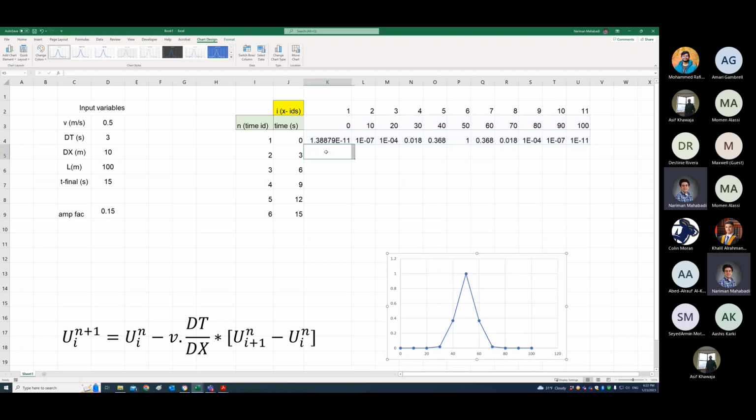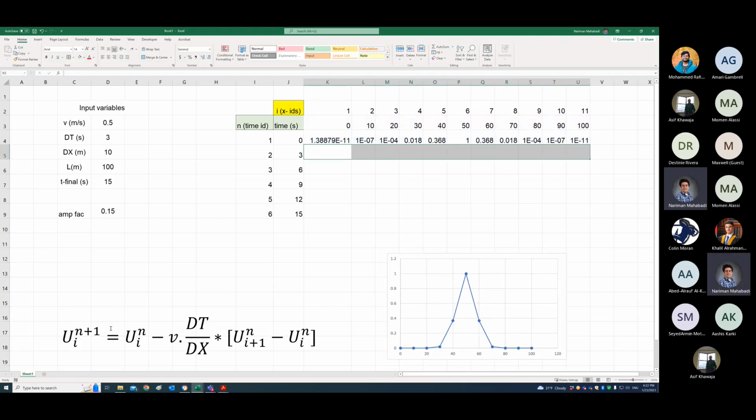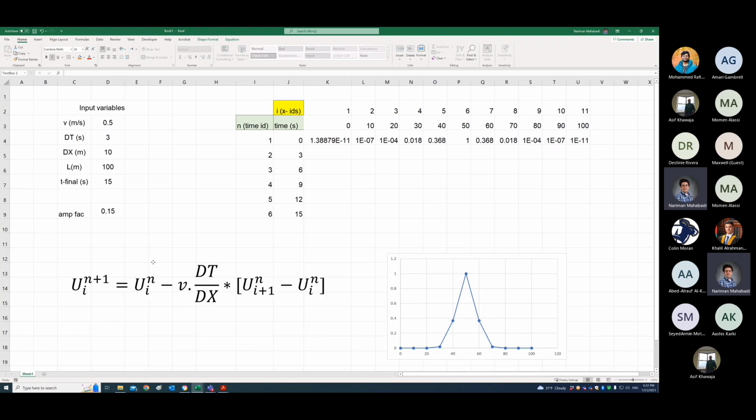Okay, let's see what would happen for our prediction. So this is really what I'm going to predict through this equation. Right here, this is my u_i^(n+1), right? This is going to be the previous point minus the amplification factor, or this entire term. I'm going to fix this because this is not going to change.